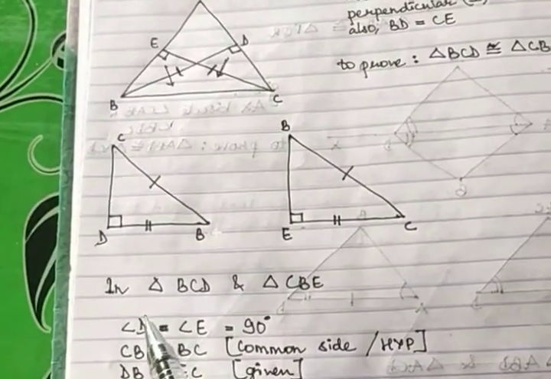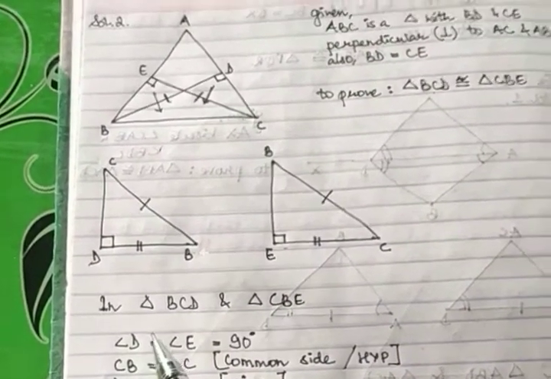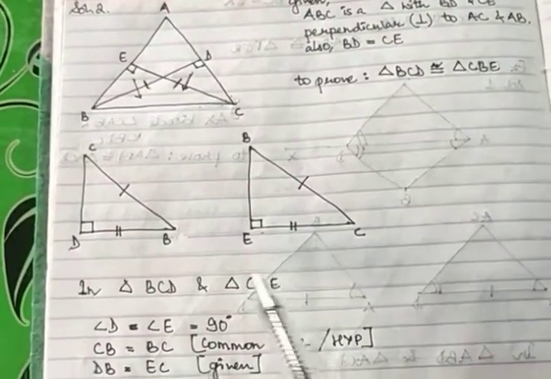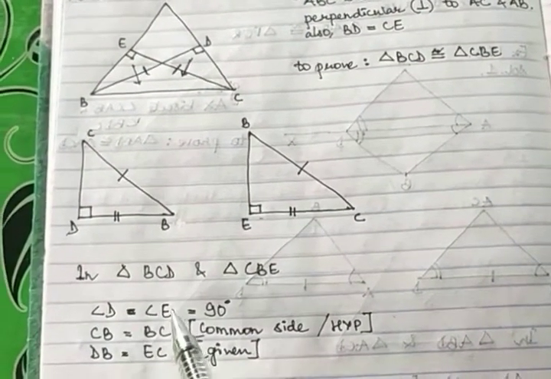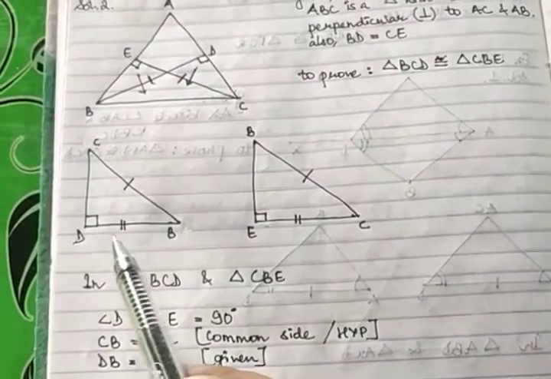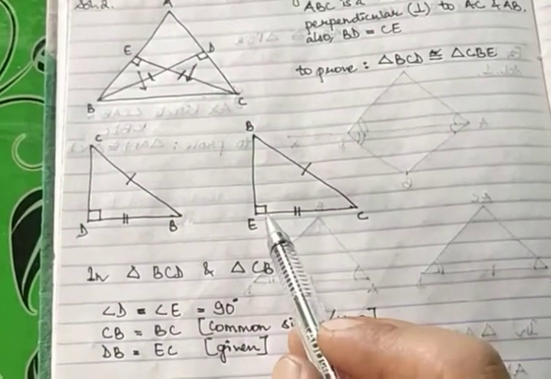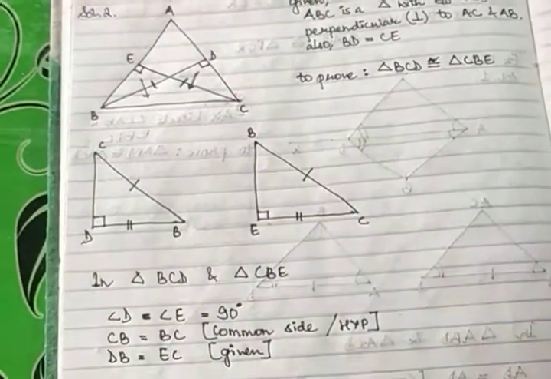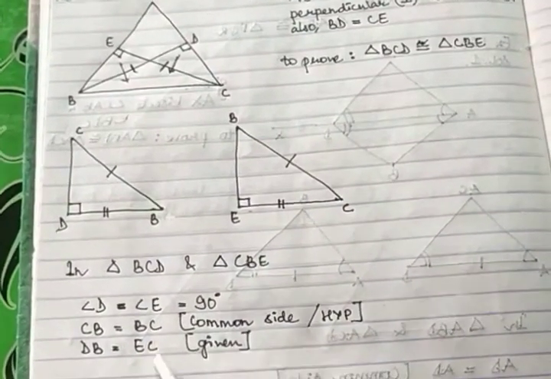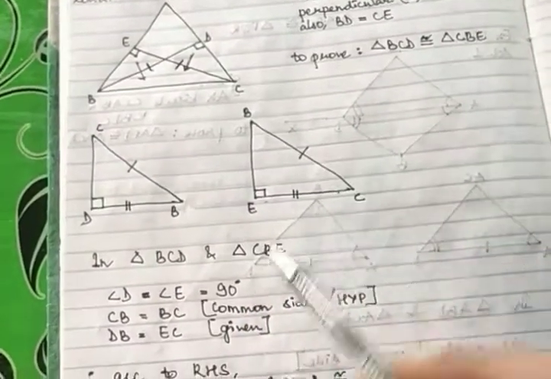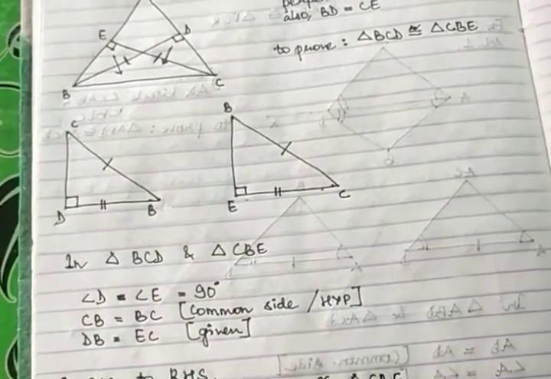But since this one was about a right angle triangle and the hypotenuse was equal, the correct way of writing is: in triangle BCD and triangle CBE, angle D is equal to angle E. Why? Because both are 90 degrees, since this symbol was given, and it was also said to be perpendicular, so equals 90 degrees. CB equals BC, common side, or you can simply write hypotenuse.